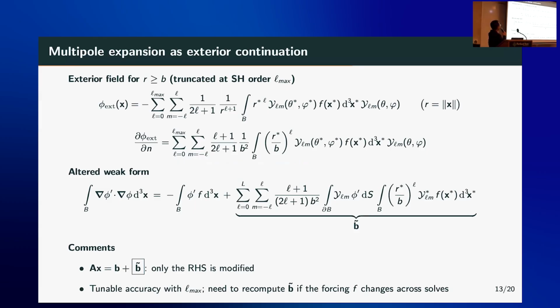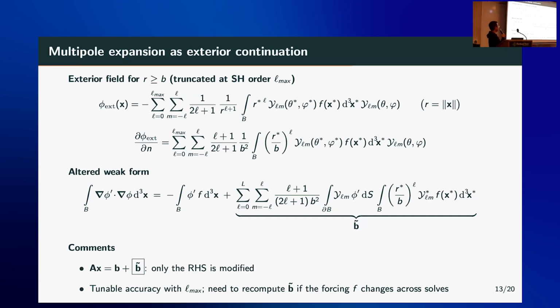And when you substitute this multipole expansion into the weak form, you will find that it forms such a term, tilde B, and it's actually another kind of linear form. It can be added to the right-hand side. So when you form this operator, the next step you need to do is to do an add-on application.